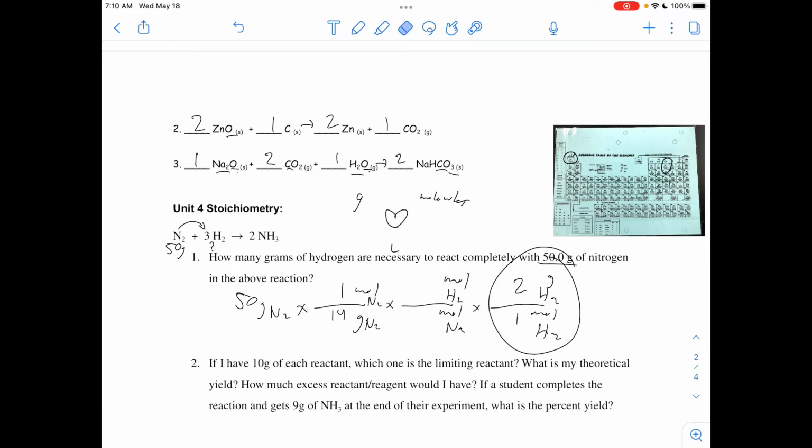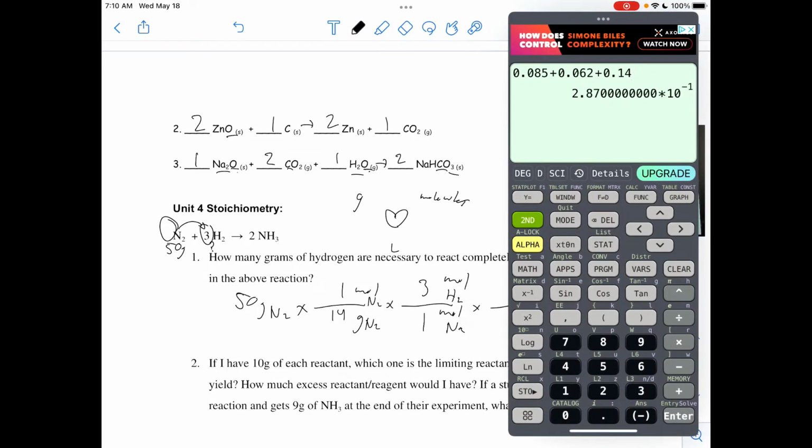Notice I have another molar mass over here. And then for this one, that's a mole ratio, mole over mole. That is the most important part of stoichiometry. It's like the bridge to get between different elements. The most useful part: mole ratio, moles over moles. For that, I look at the coefficients. So H2 is 3, and N2 is 1.